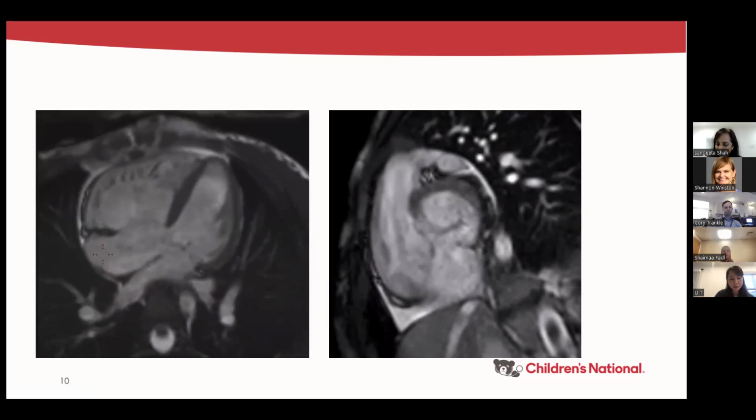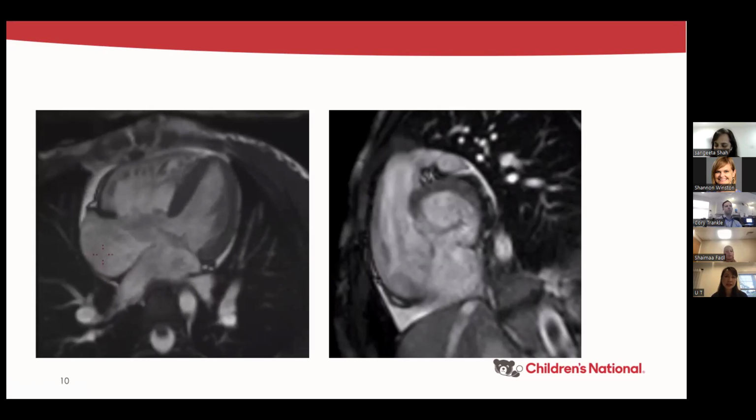And this becomes important because this patient measures a severely dilated right ventricle with a Qp:Qs shunt of 3 to 1. And that's important to know because these patients are at risk for developing pulmonary hypertension, and you want to understand if their degree of pulmonary hypertension is amenable to surgery, similar to what Sangeeta had mentioned.